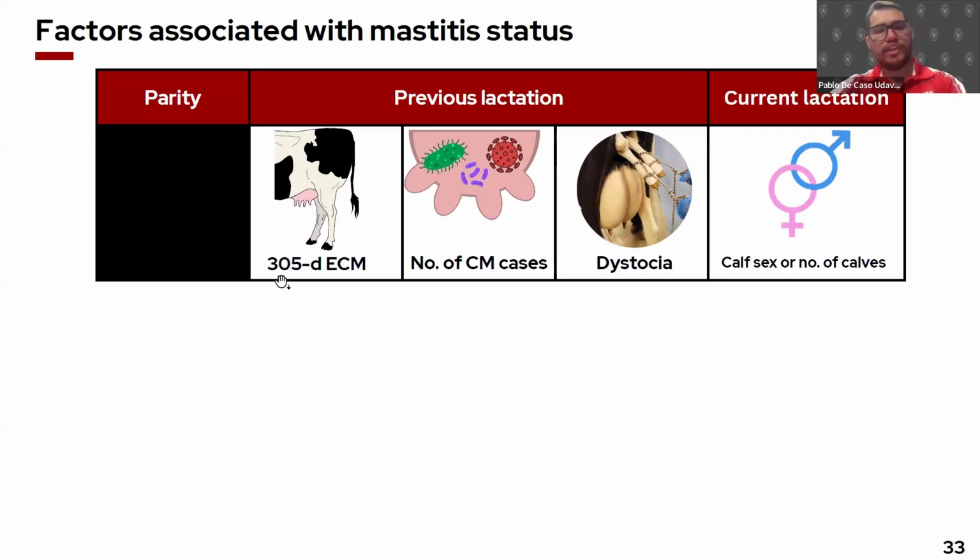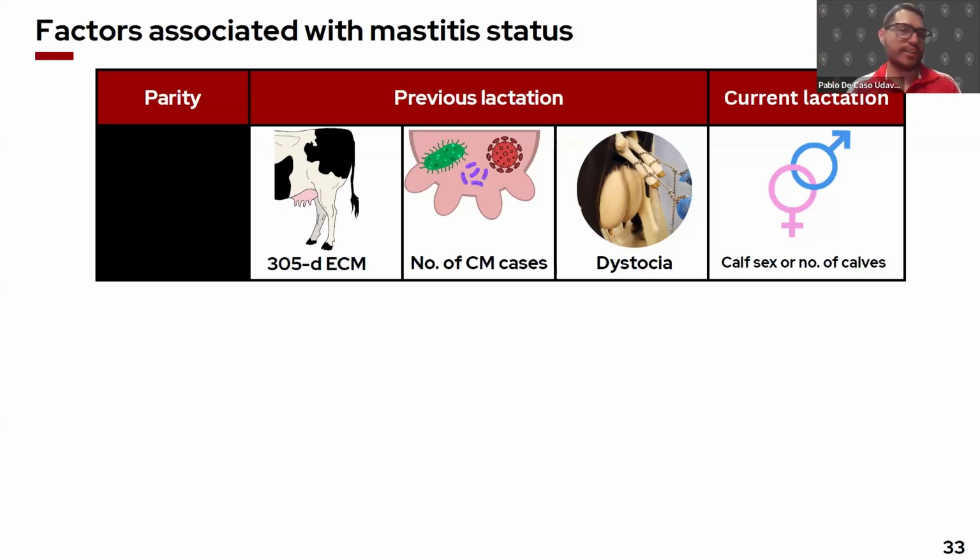But first, it was 305-day mature equivalent energy corrected milk. So as opposed to the production analysis, what we did in here was to consider and correct for 3.5 fat and 3.2 protein to make a fair comparison. And then we divided cows in groups, given their calving contemporary groups, if they were a low, an average, or a high producer, right?